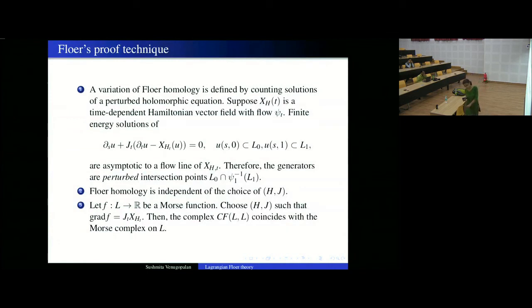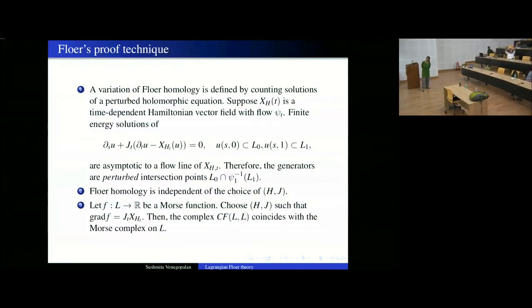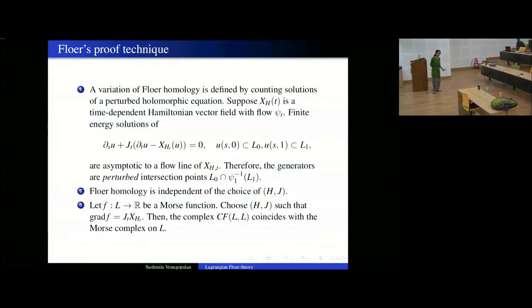Okay, so one thing you can do with these strips is perturb the del bar equation by adding a Hamiltonian vector field, and you can study these perturbed flow equations.